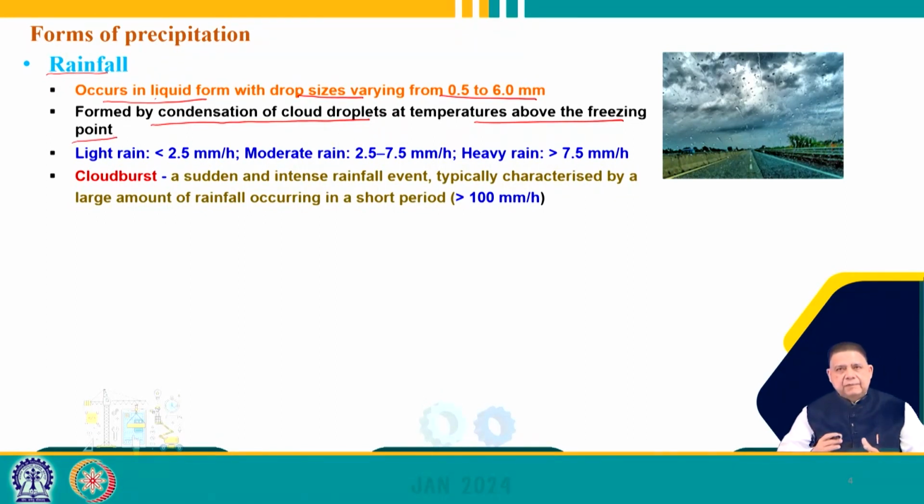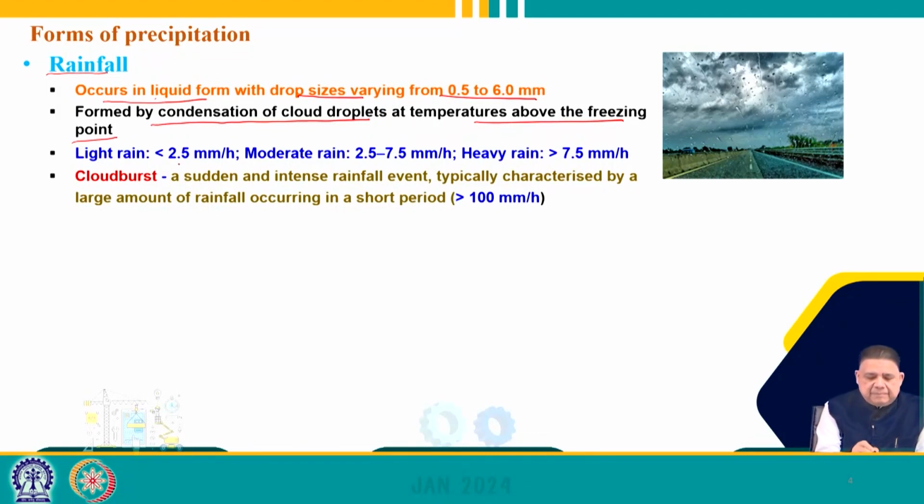We know that evaporation and transpiration, or evapotranspiration, take the water from land to the atmosphere where cloud formation takes place and then condensation occurs. The condensation of cloud droplets occurs at temperatures above freezing point, and then rainfall occurs in the form of liquid, and the droplet sizes are within 0.5 to 6 millimeters in diameter.